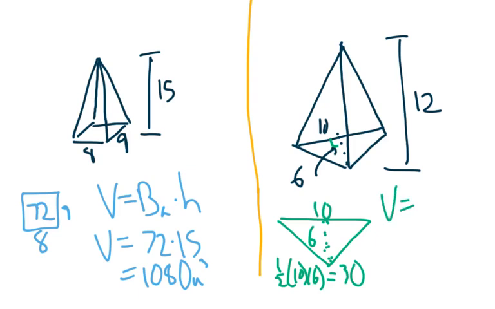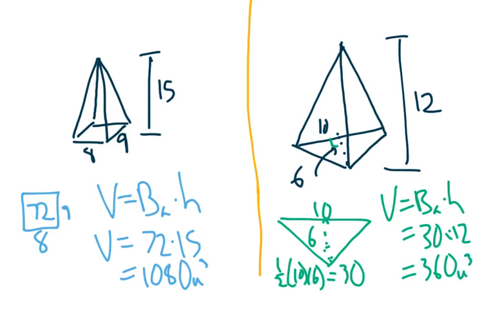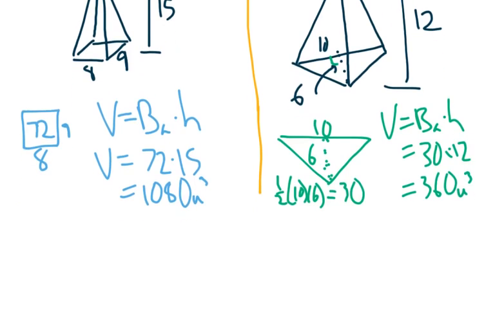And so our volume is base area times height. That's going to be 30 times 12, which is 360. Oh, whoa, sorry, 1 second here. 360 units cubed. Now, I just realized I cut a corner and totally forgot a step.